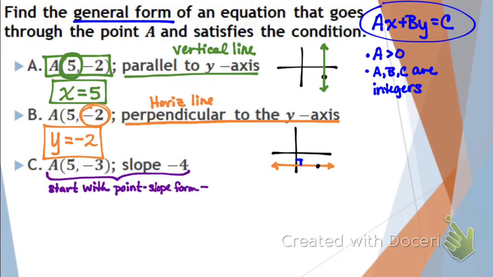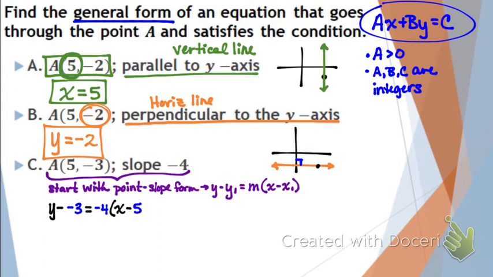All right, point slope form again is y minus y1 equals my slope m times x minus x1. So let's substitute in what we know. Y minus what? -3 equals my slope, -4, times x minus what?